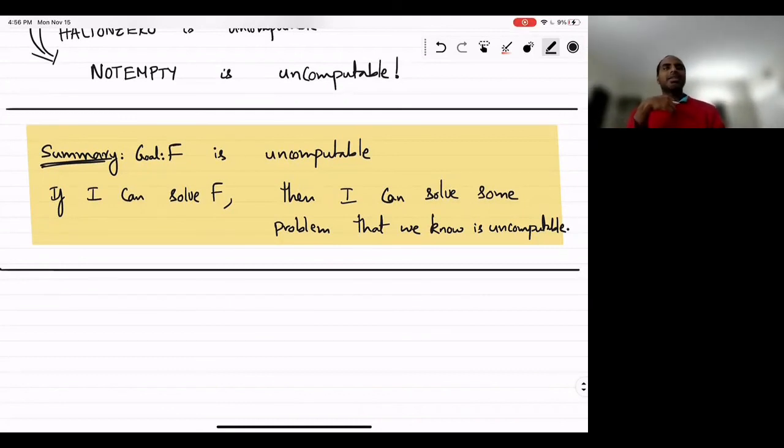But there's one thing that we should observe about all the things that we've shown to be uncomputable so far. They are all talking about properties of programs.